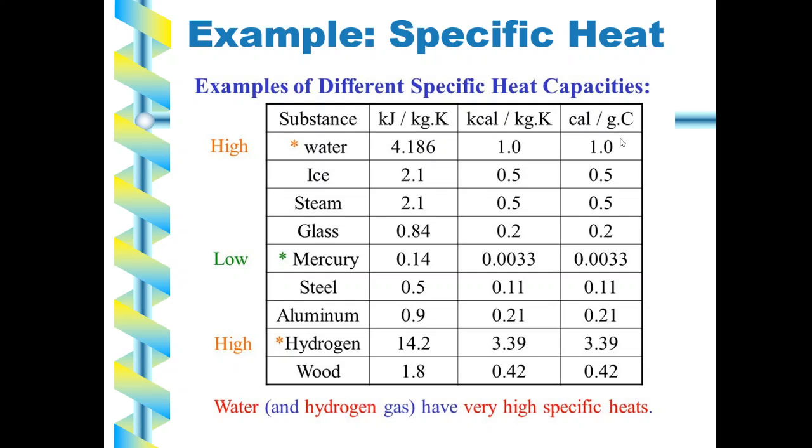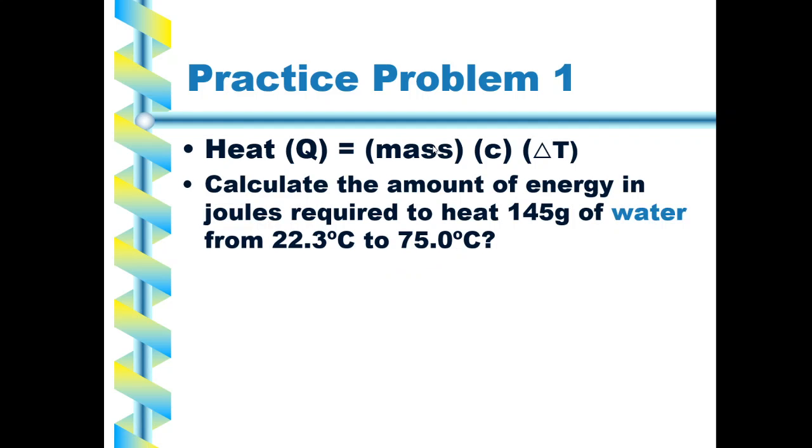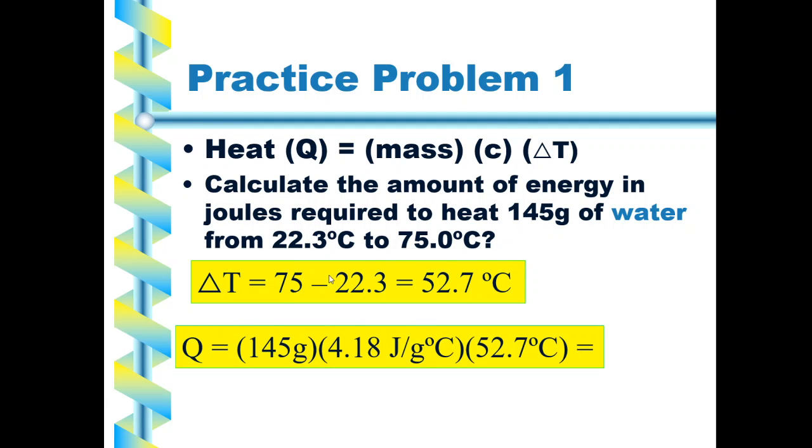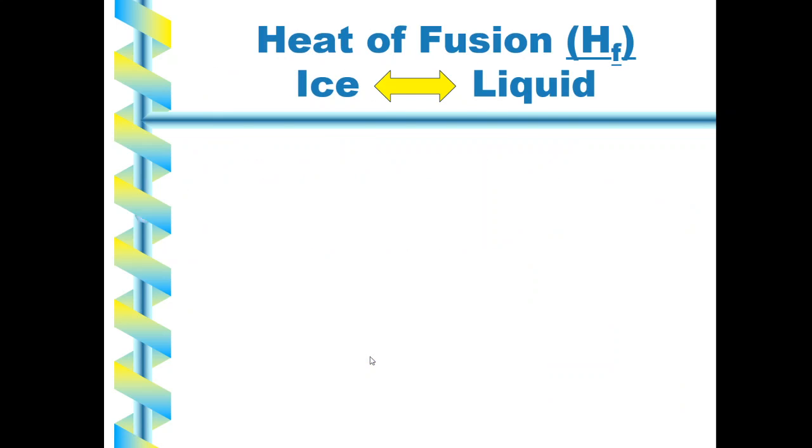Depending on what they asked you to calculate in kilojoules, kilocalories, or calories, you would use one of these. And I believe we've used here in this one 4.186. So it is one that is given to you, okay? So then we just put in our numbers. Q equals the mass, 145, times 4.18 times 52.7, and it would get you 31,900 joules, okay? And this 4.18 is not kilojoules, it's in joules, okay? All right.